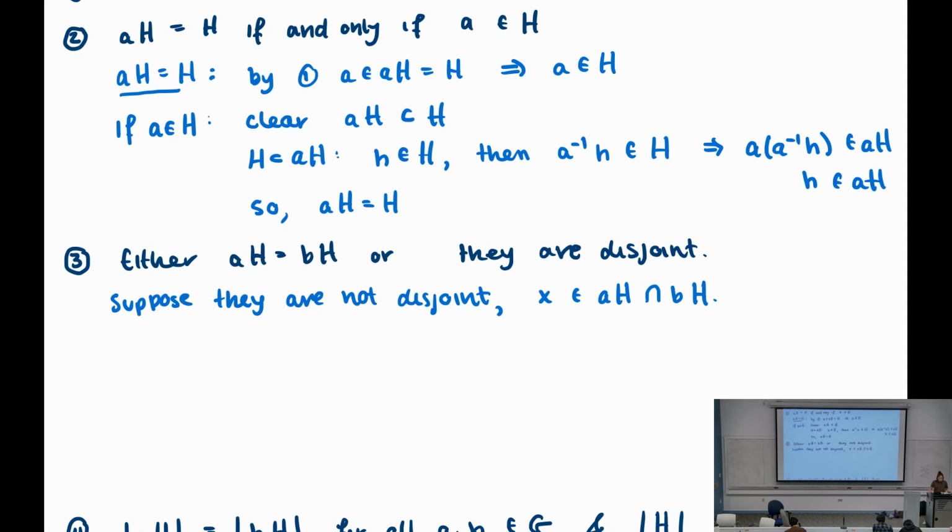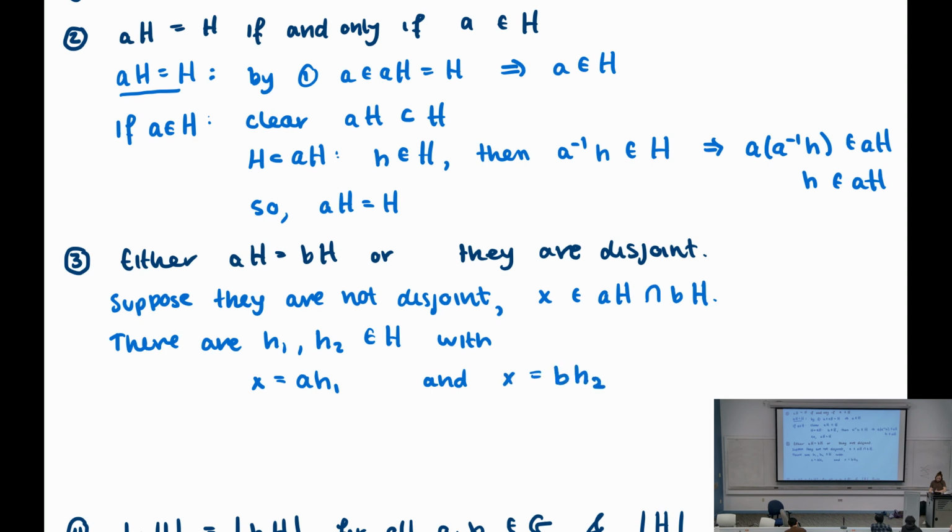Okay, so we want to show that they're equal. We know that there are h1 and h2 in H with x equal to A h1, because x is in AH, and we have that x is equal to B h2.